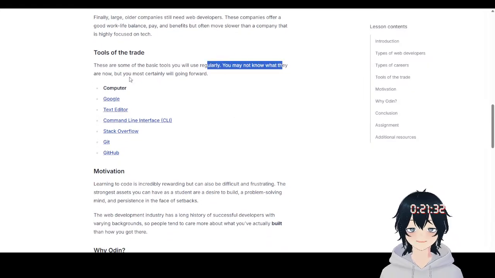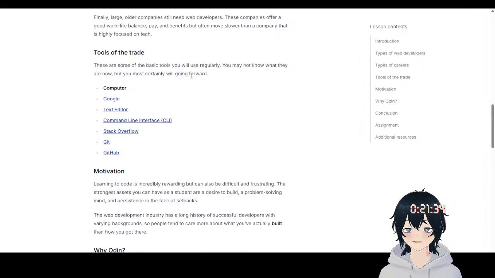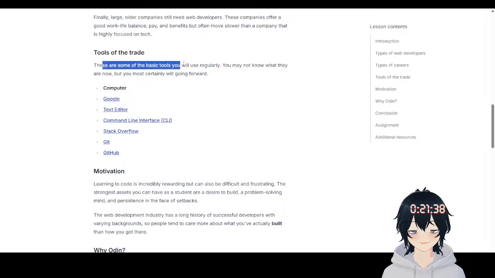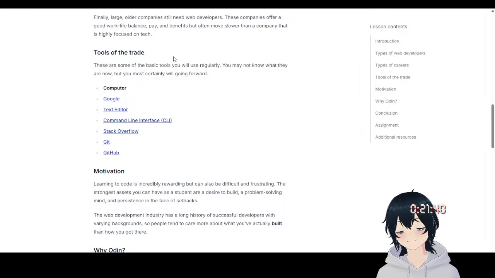You may not know what they are now, but you most certainly will be going forward. Damn, where am I reading this from, man? Oh, I'll need these.